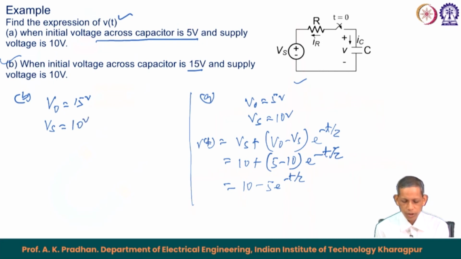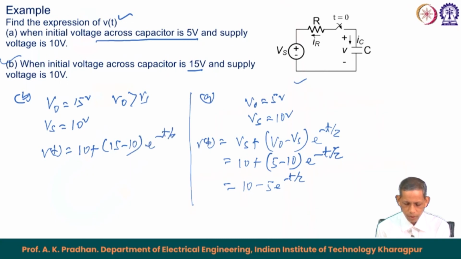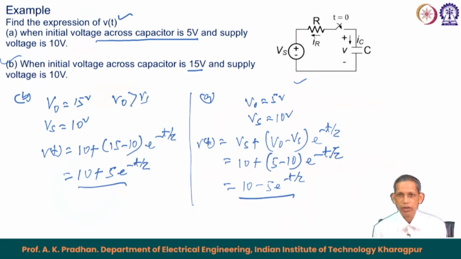So, V naught is greater than Vs. For this case, Vc(t) equals Vs, which is 10, plus (15 minus 10) e to the power minus t by tau. So, this becomes 10 plus 5 e to the power minus t by tau. So, we have 10 minus 5 e to the power minus t by tau, and 10 plus 5 e to the power minus t by tau.